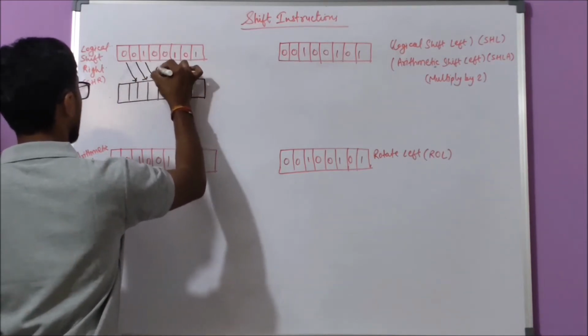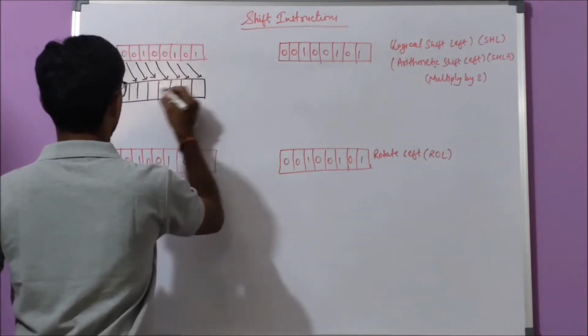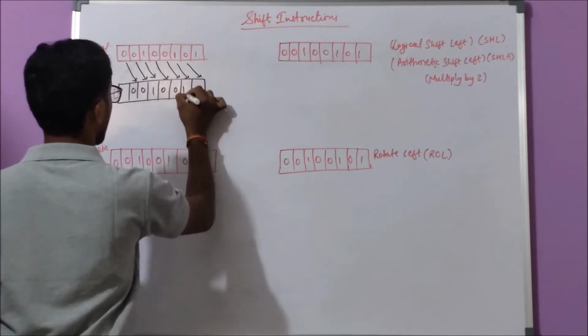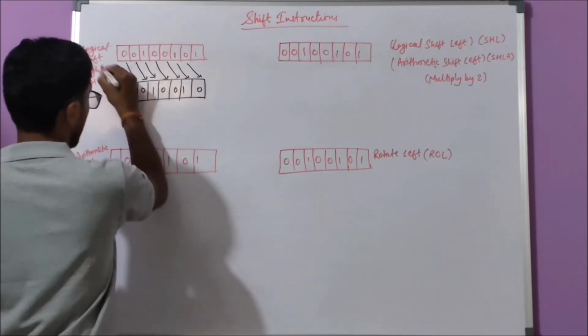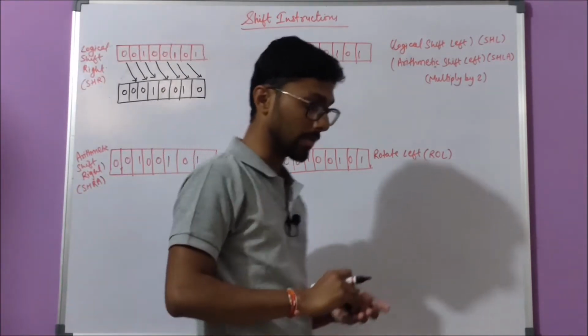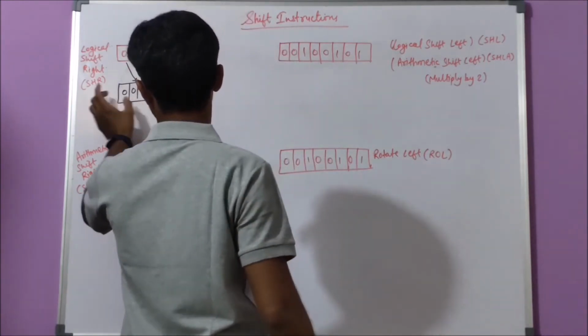Copy this here: 0 0 1 0 0 1 0, and here nothing is there to be copied, so it will be 0.